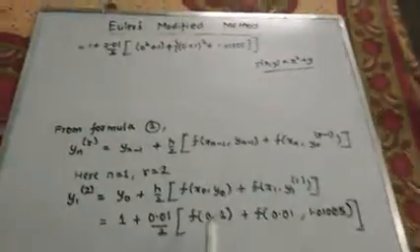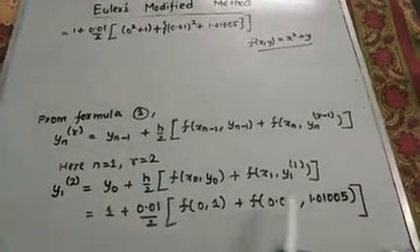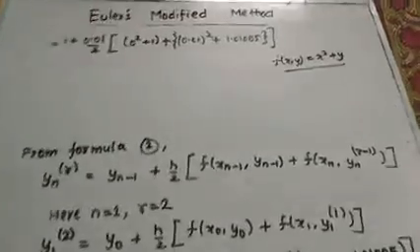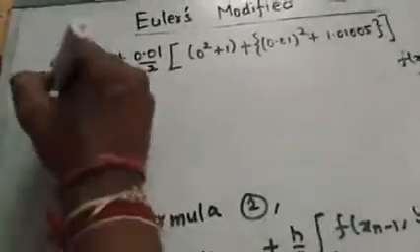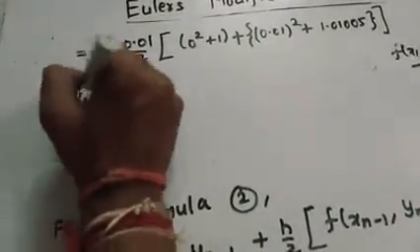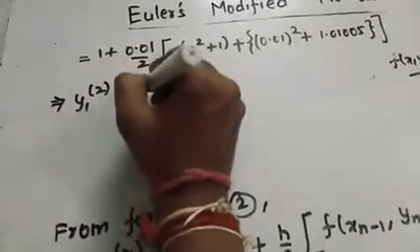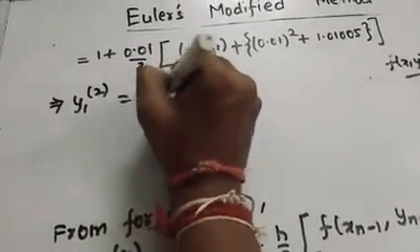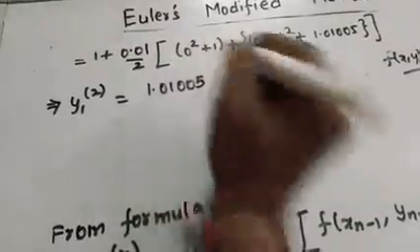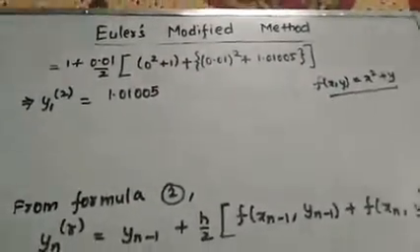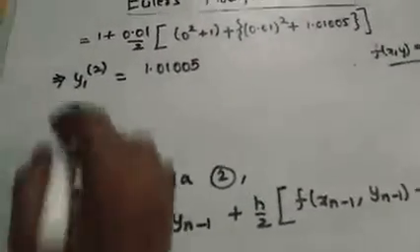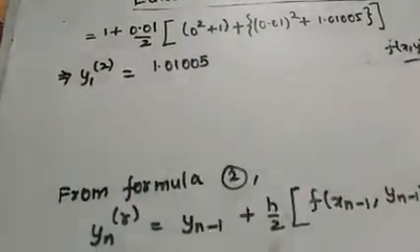Just putting the functions and after calculating, you will get y1 of 2 as 1.01005.